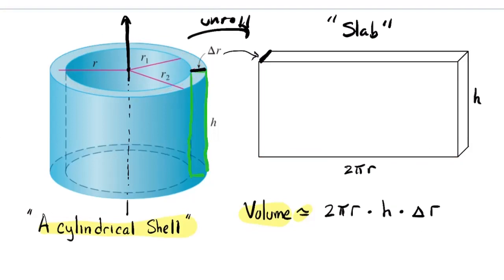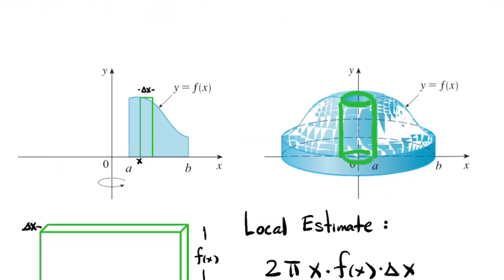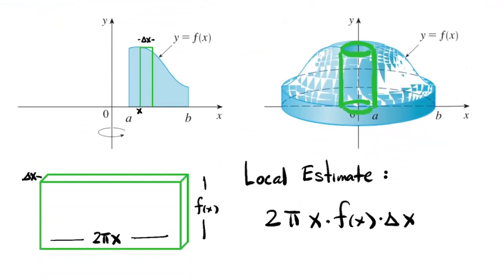All right. So let's go back to our coordinate system. How do we write down this thing in terms of our x? How do we make our local estimate? So I'm going back to a generic picture, okay? So I've got not that same function that was drawn above, but just some function, y equals f of x. It's bounding some region between two x values a and b, the usual setup.